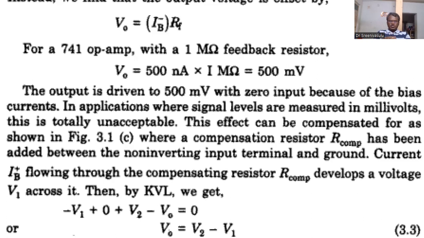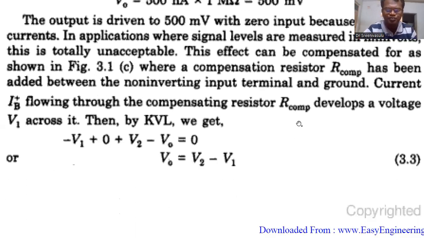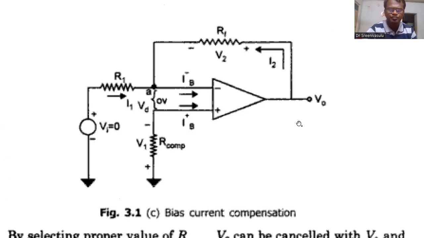IB plus flowing through the compensation resistor develops a voltage V1 across it. Previously this compensation resistor was not there. Now we are connecting it, and we analyze this.